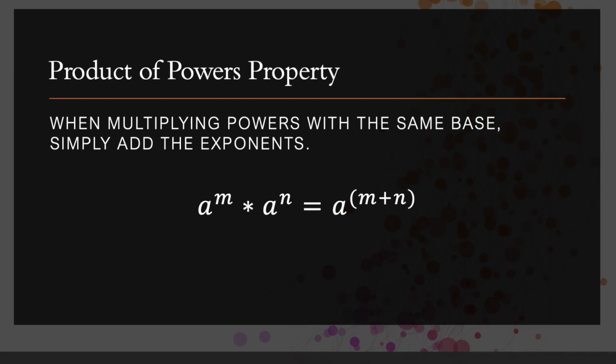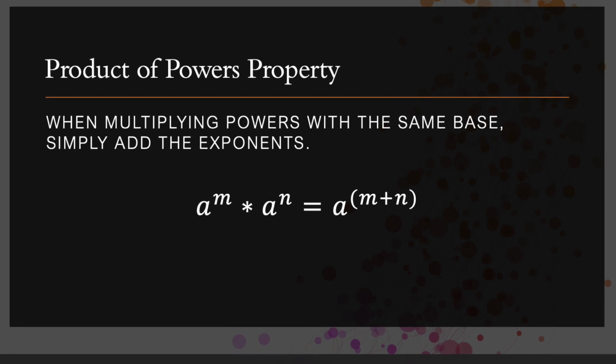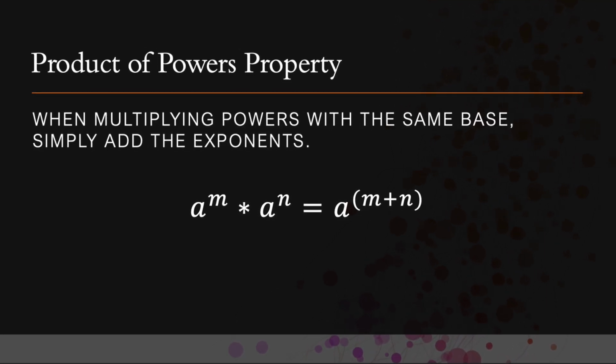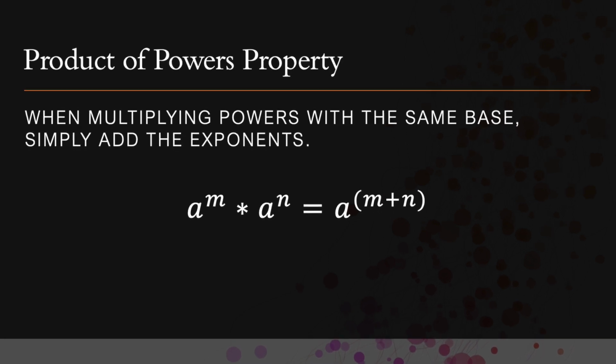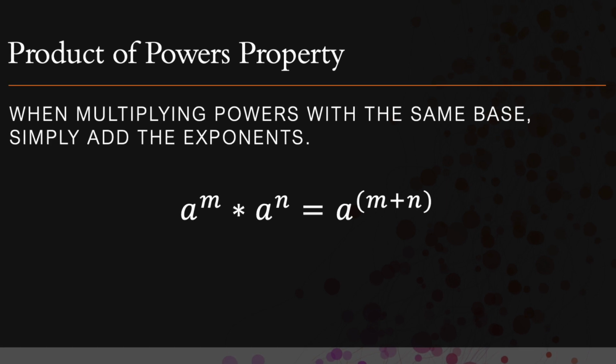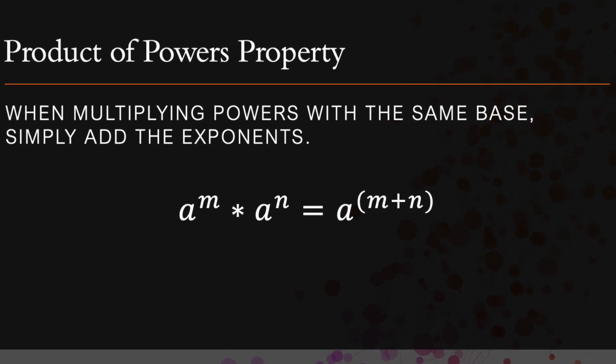So a to the m power, any number to any power, times a to the n power, same base, different exponent, just becomes a raised to the m plus n power. So the rule is this: if the bases are the same, simply add the exponents.